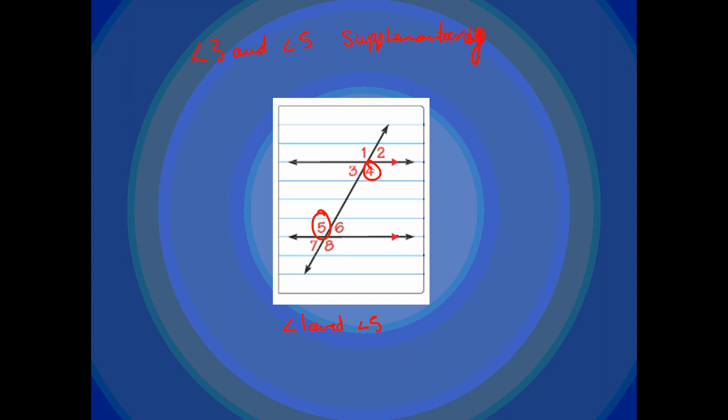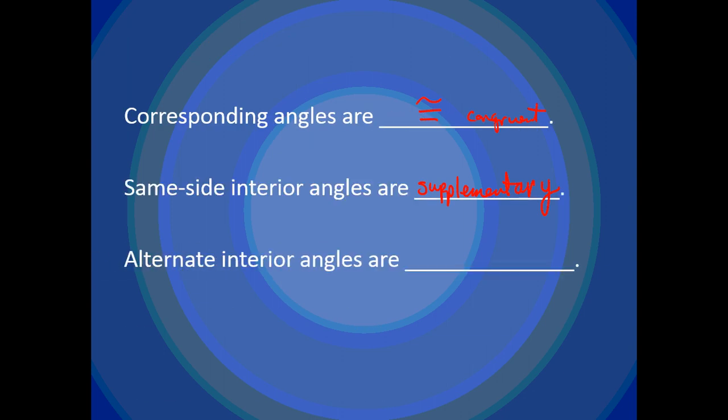So anytime I have alternate interior angles, those two angles will always be congruent to each other as long as the two lines are parallel. And we can prove this to be true by taking all these angles and matching them up and measuring them out, and we can prove that each one of these is true.